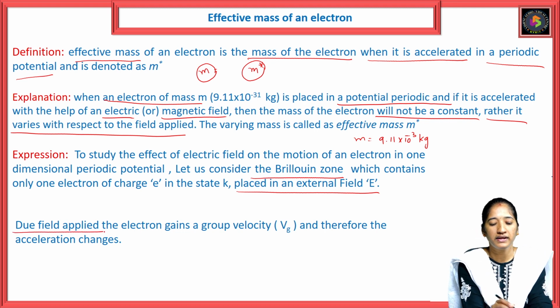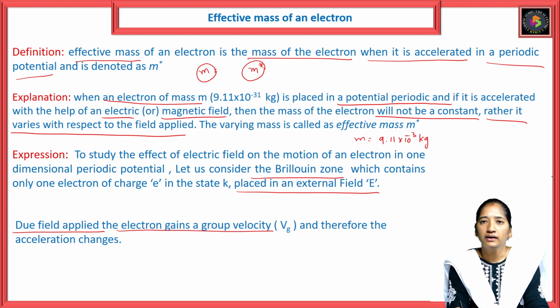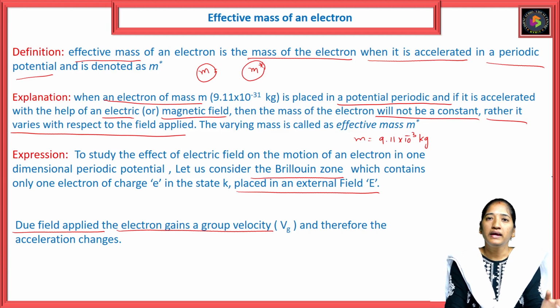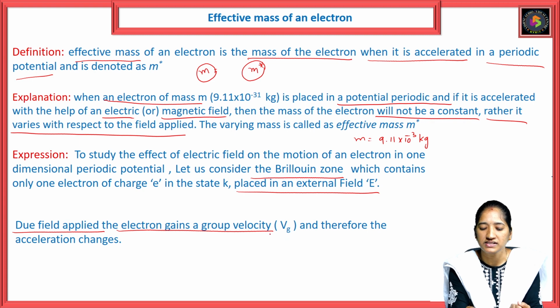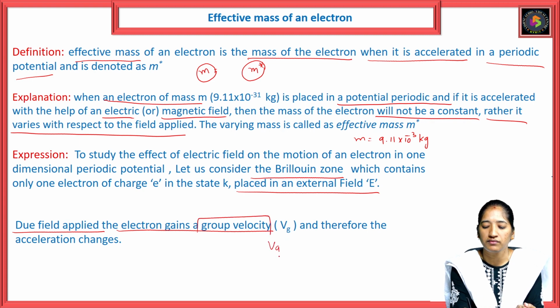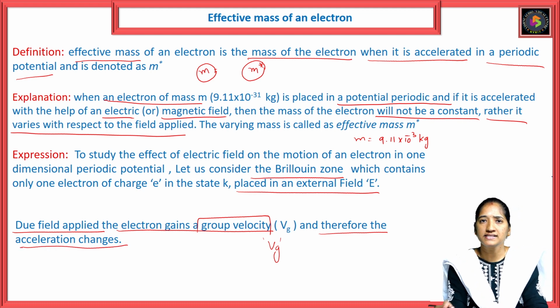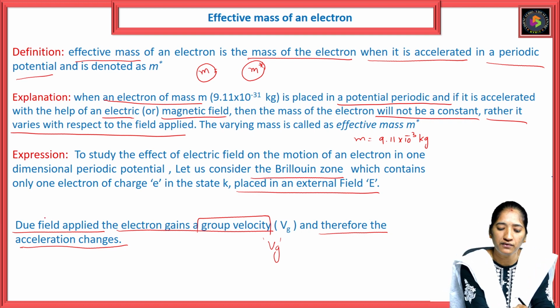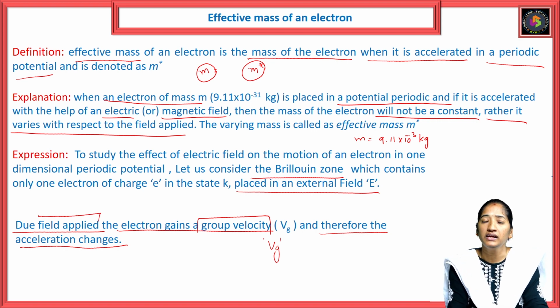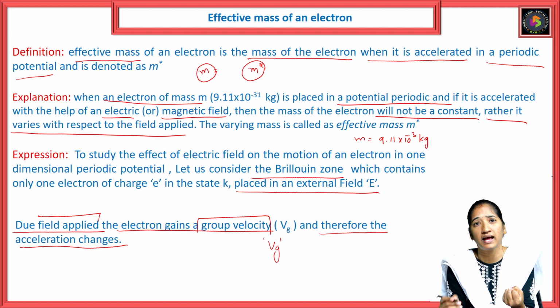Due to the applied field, the electron gains some velocity, that is the group velocity, which is represented by Vg. Therefore the acceleration changes.